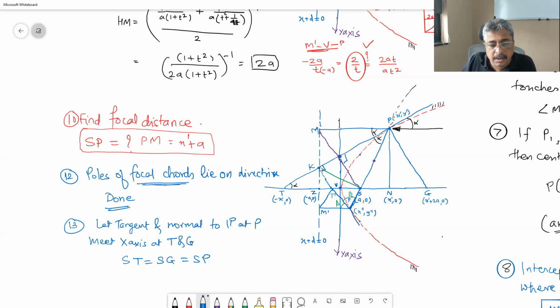SP is x dash plus A. All these three distances are x dash plus A. Everything is available and hence proved.